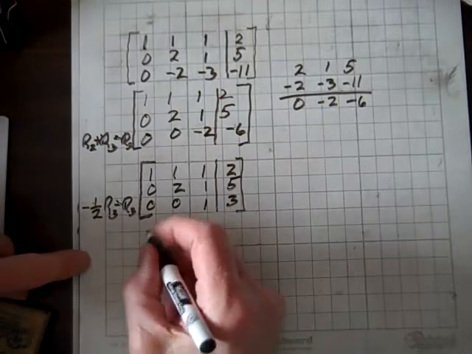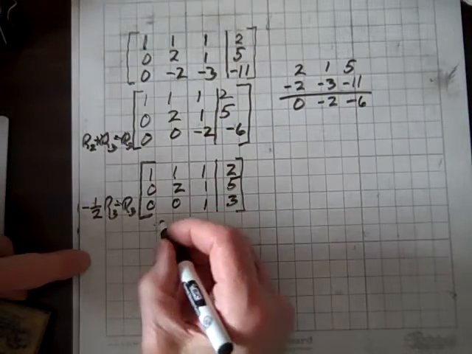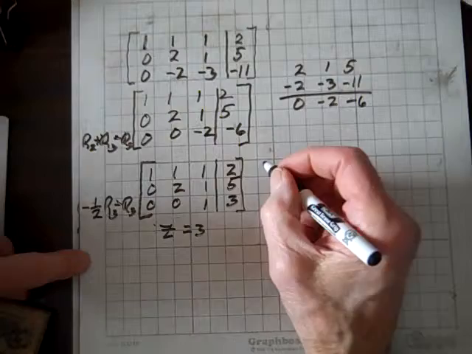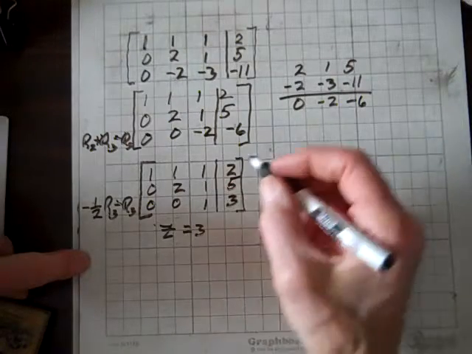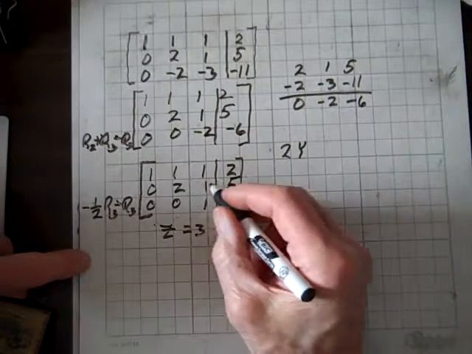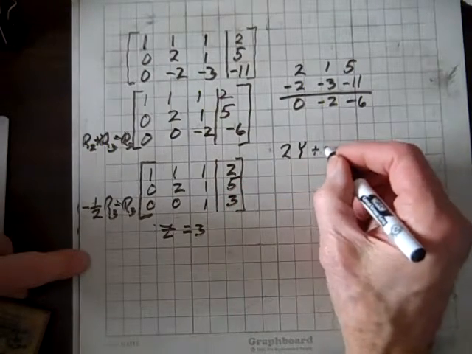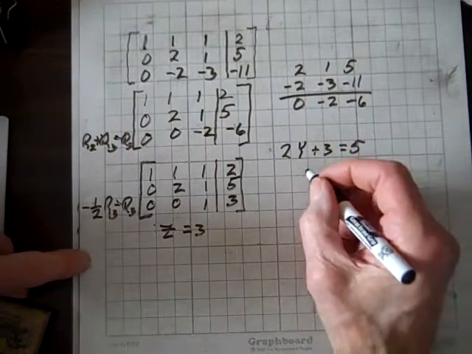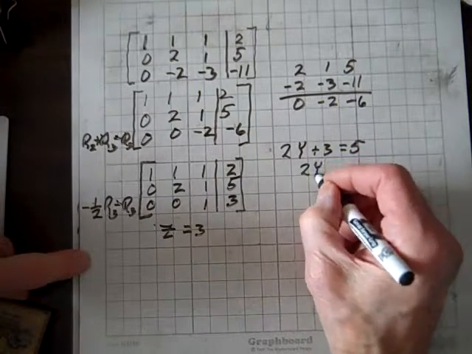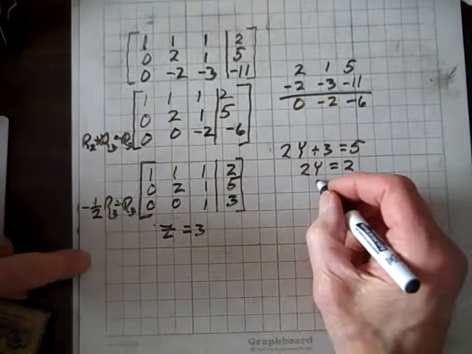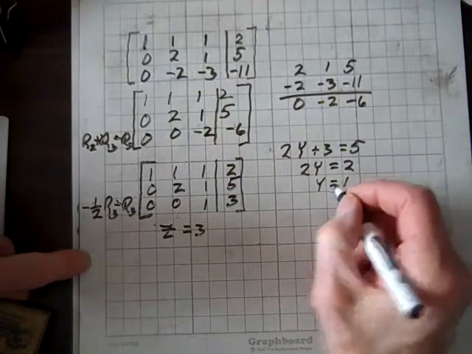So now what we know is this, that this implies that z equals 3. So taking what we know, 2 is a coefficient on y, so 2y plus 1z. Well, z is 3, plus 3 equals 5. Now let's solve for y, so we get 2y. Subtracting 3 from both sides equals 2, so dividing through by 2, y must equal 1.